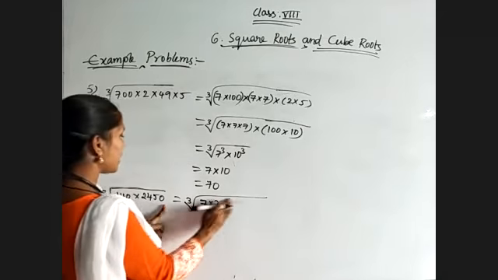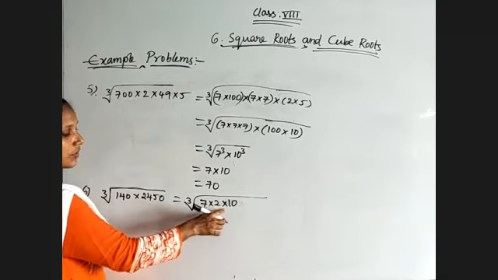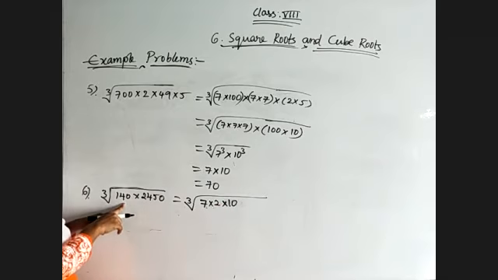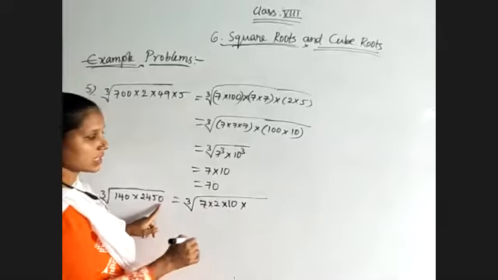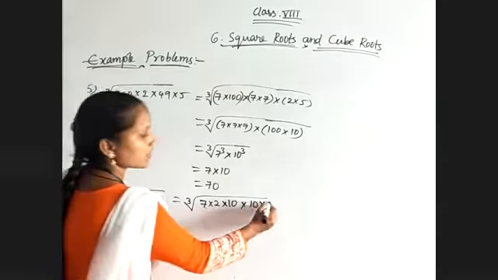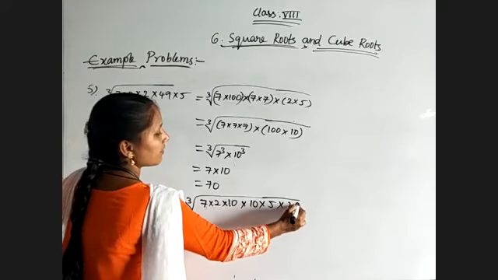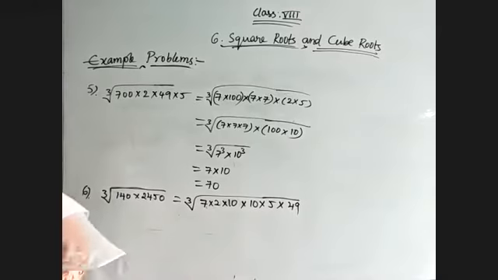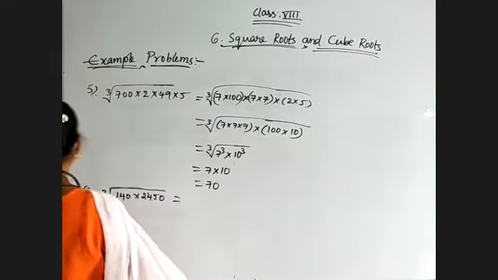So here I am writing 7 into 2 into 10. 2 10s are 20, 7 2s are 14, 140. Next, this one also I am writing because the last digit is 0. I am writing 10 into 245. 5 is the factor for 245. 5 4s are 20, 5 9s are 45. Otherwise, do one thing. Step by step, we will elaborate.